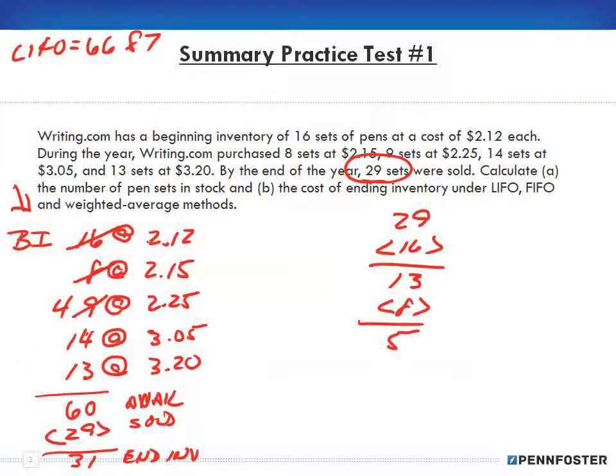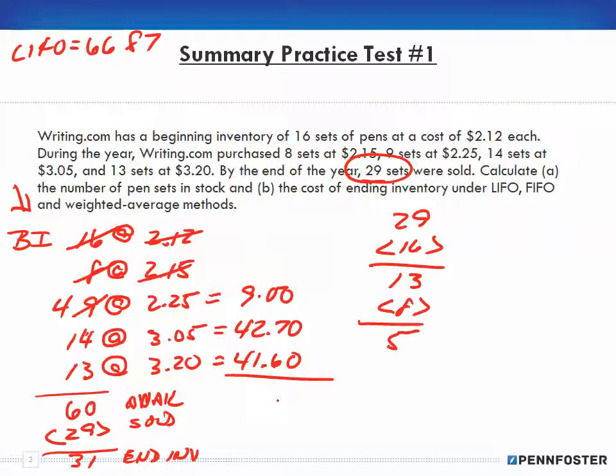Okay, so we don't need those. And we start extending. 4 times 2 1/4 is $9. 14 at 3.05 is 42.70. And 13 at 3.20 is 41.60.